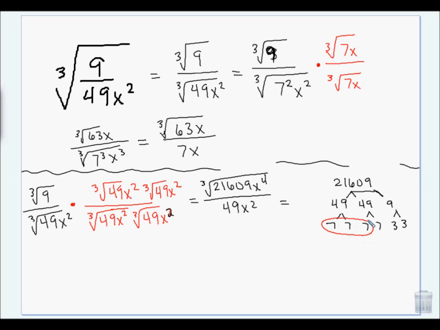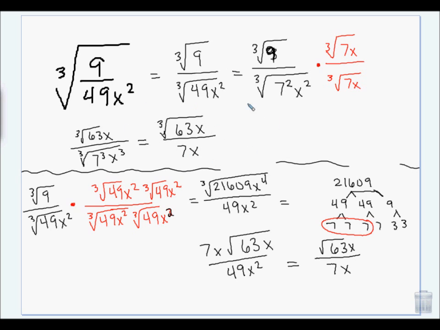This method, like I said, is a lot more work, less thought. So I can pull out a 7, and I can pull out one of the x's, and I'm left with 7 times 9, so 63x over 49x squared. 49 and 7 will cancel, and one of the x's will cancel, so I have 7x.